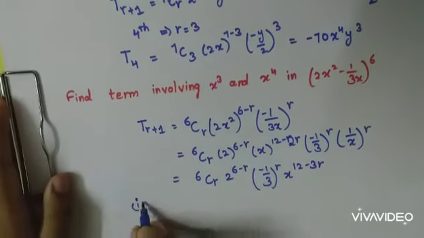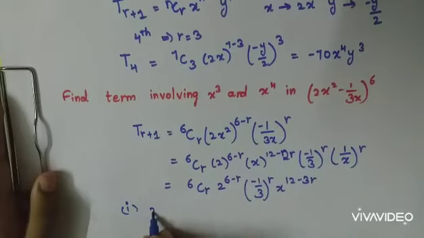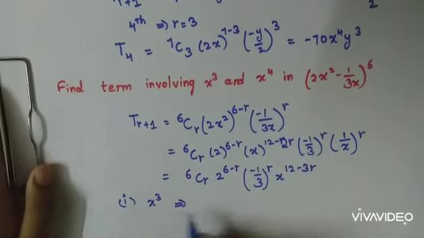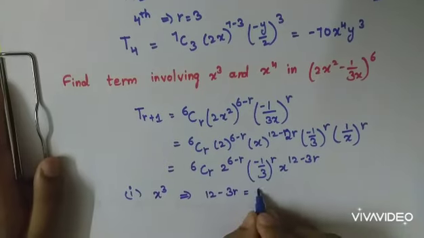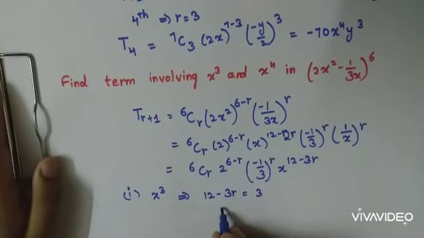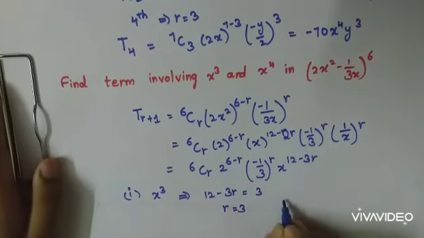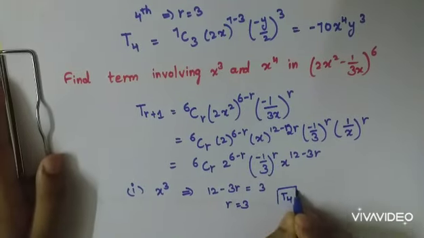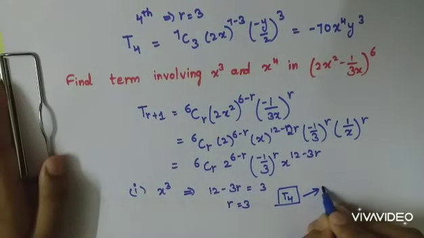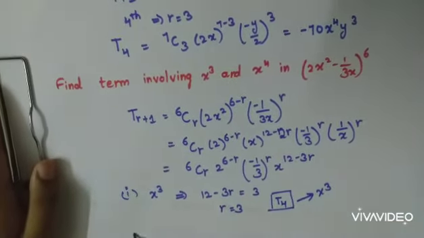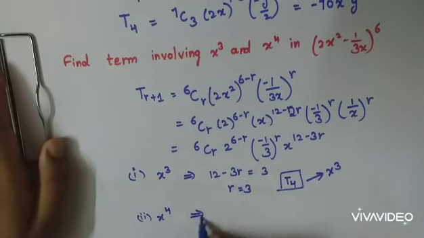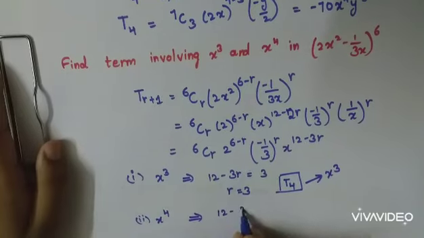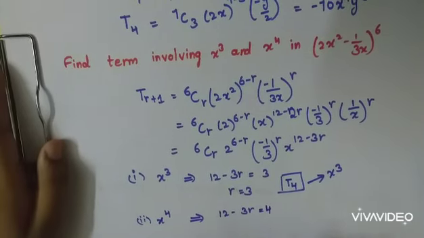In the first case, we need the term involving x³, which implies 12 − 3r = 3, so we get r as 3. So the fourth term in the expansion is the x³ term. Now to solve for the x^4 term, 12 − 3r = 4.